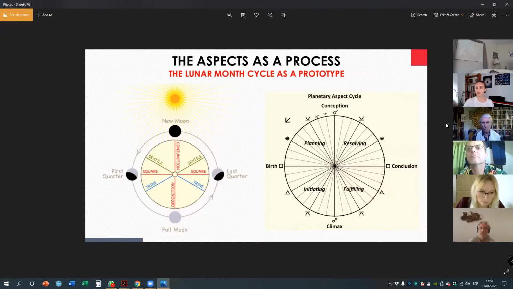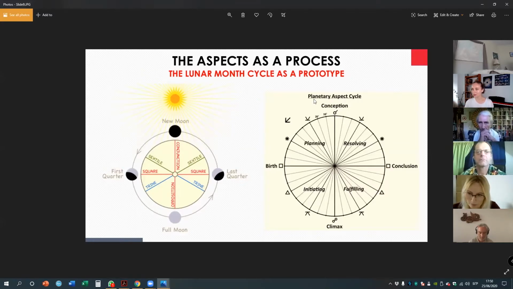Okay, so that second wheel here is starting from the conjunction, and we can see the 10 degrees increments between, as we go through the 360-degree circle. I suggest we look at Mars conjunct Venus to start with.